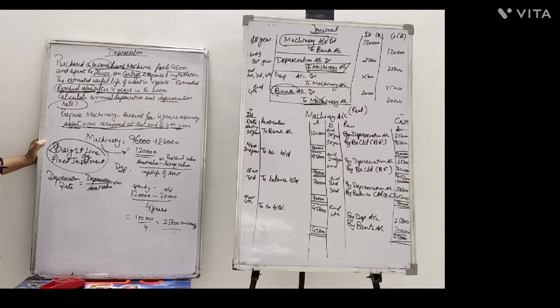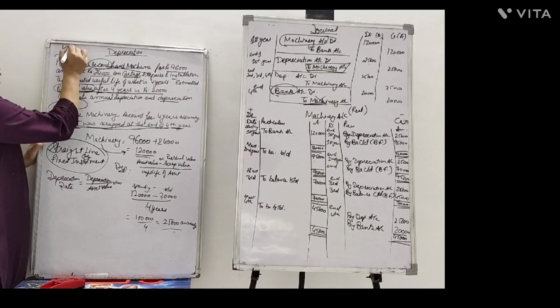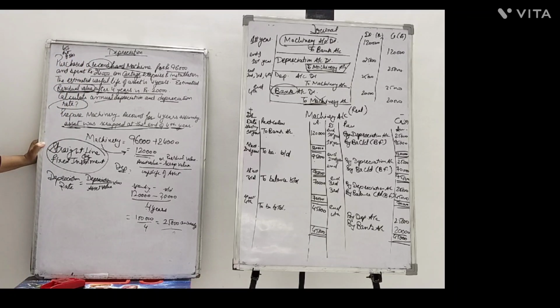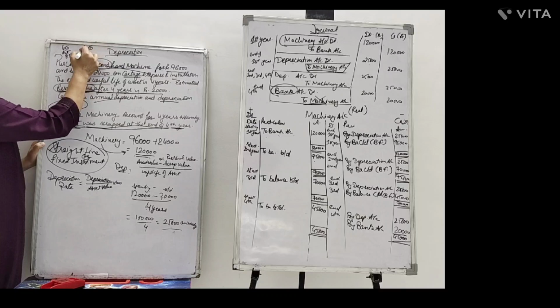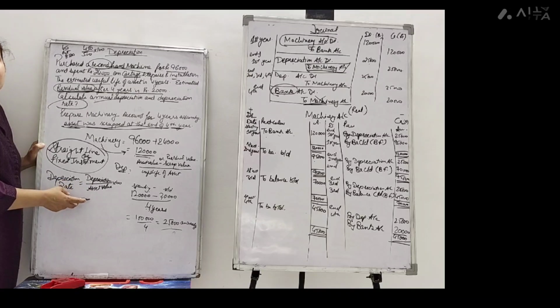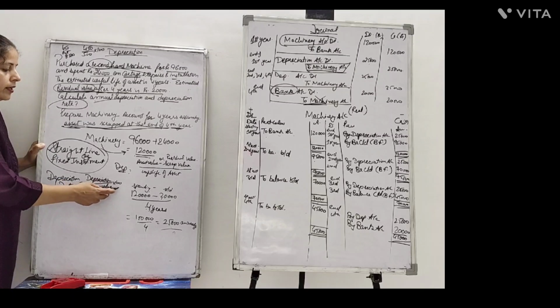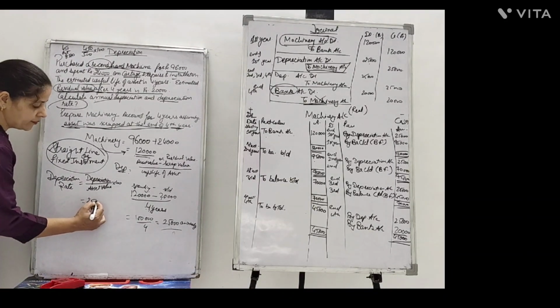Likewise, if I ask you that you scored 450 out of 500, then how much percentage did you score? You would say 450 divided by total into 100. In the same way, depreciation divided by total asset value into 100. So how much was the depreciation which we charged in this question? 25,000.